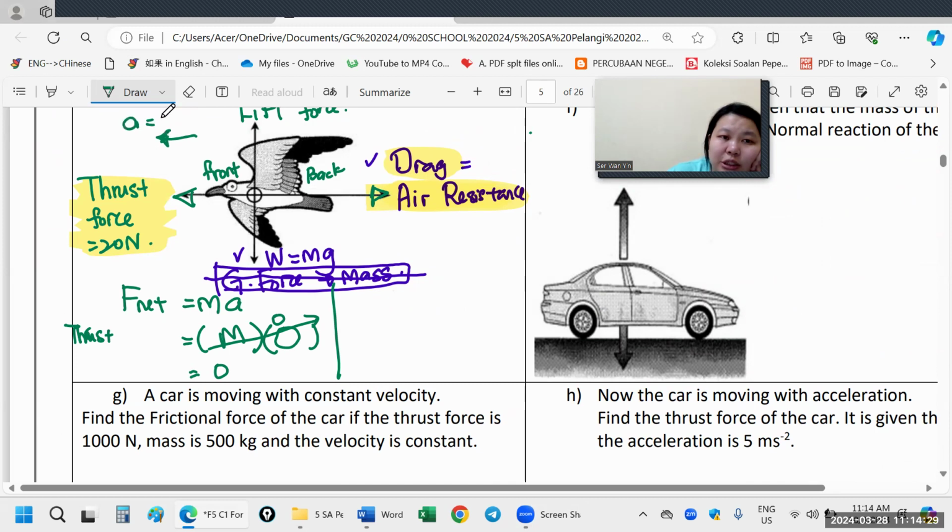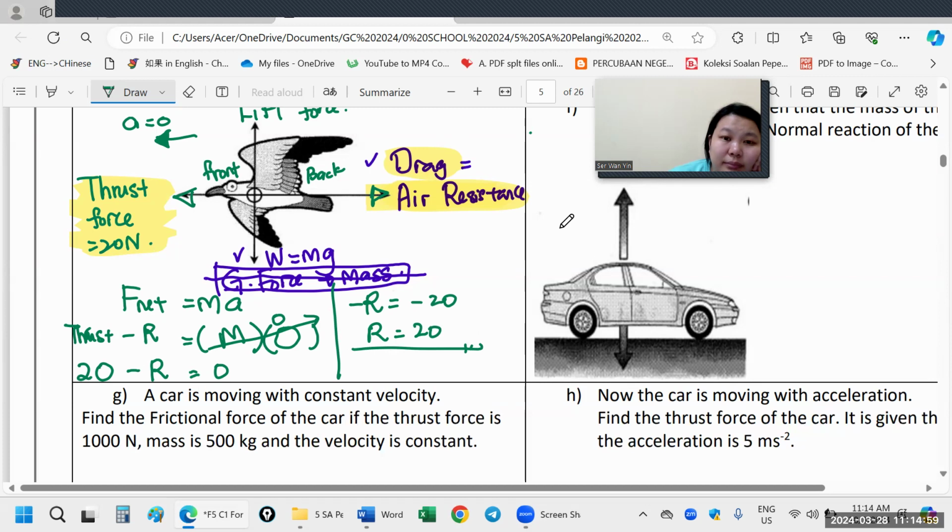Even though acceleration is 0, it is still moving here. So we use thrust force minus drag or the air resistance equals to 0. Thrust we know, 20 minus R equals to 0. So we'll get negative R equals to negative 20. R equals to 20.